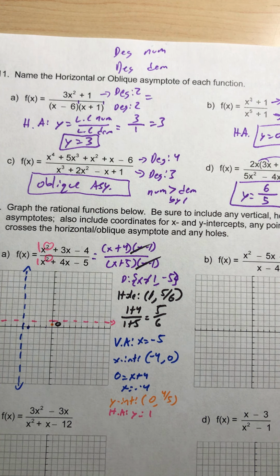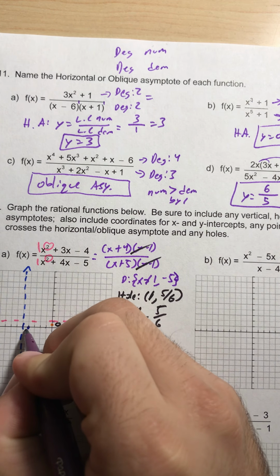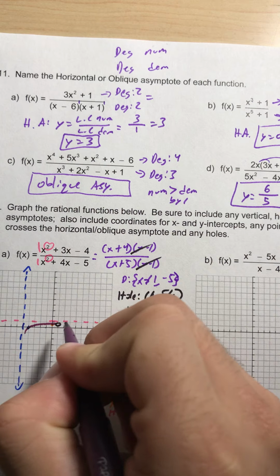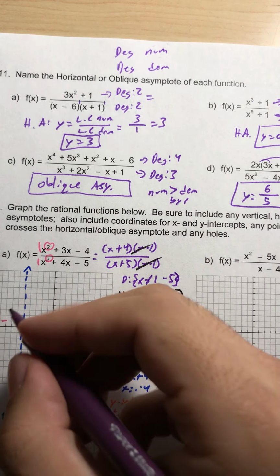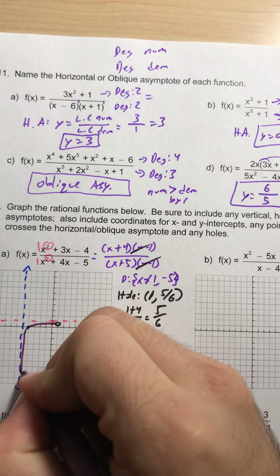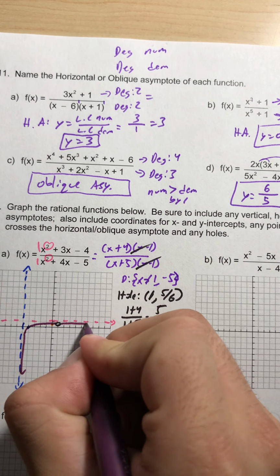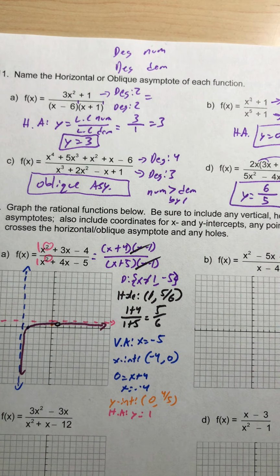In order for this graph to work, I have to go through these points. So I know I have to go between here and here. I don't cross my horizontal asymptote at all on this graph. I'm going to give you the cross point if you were to cross, but we don't here, so this is just going to come straight down, hugging that asymptote. This one's just going to go across, hugging that asymptote.